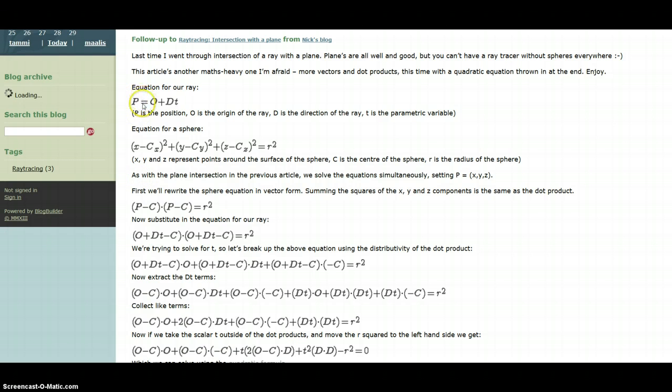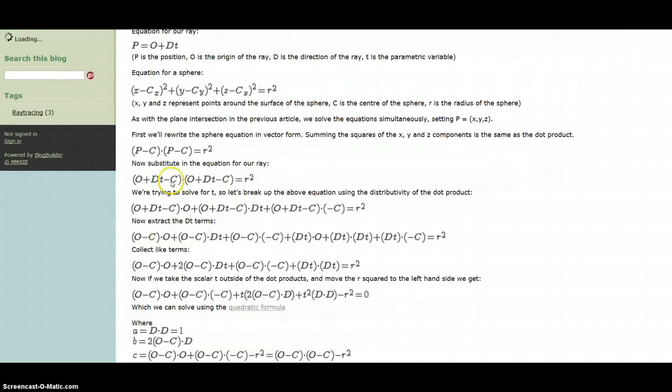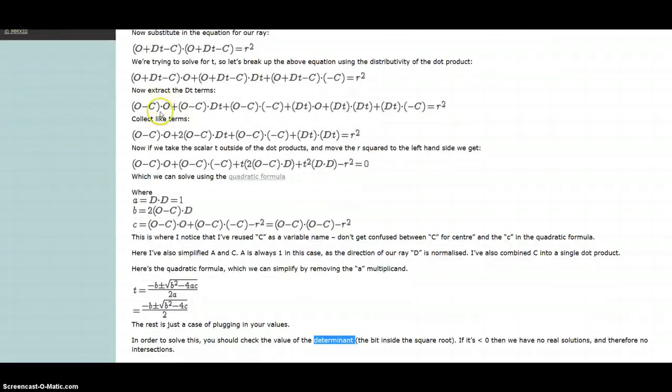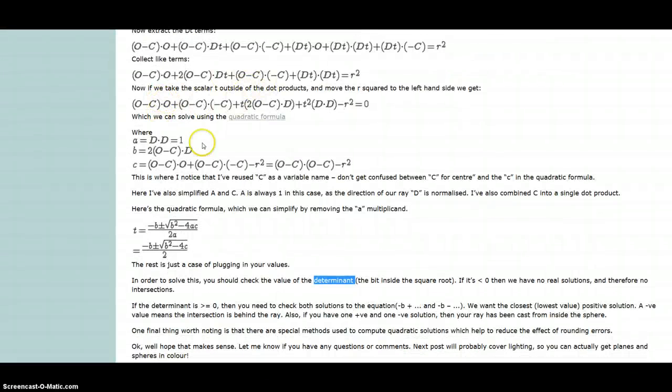I recommend you examine this in your own time. I will go straight to the end, to this formula, which is called the quadratic formula, and I will explain these elements A, B and C, and how they are formed.